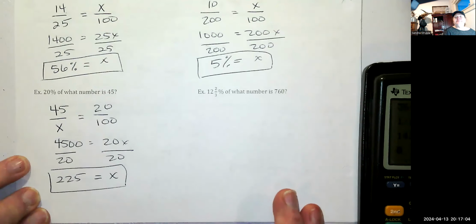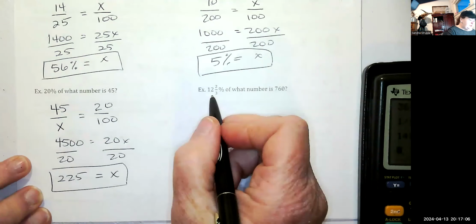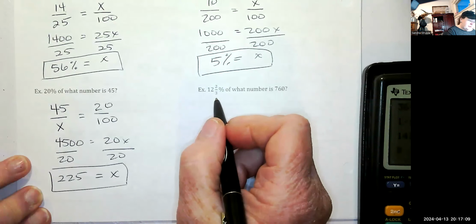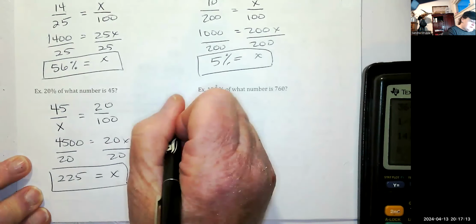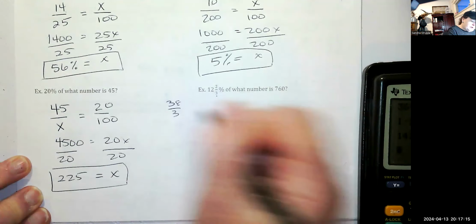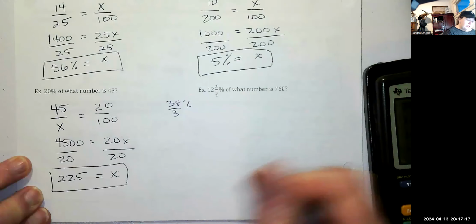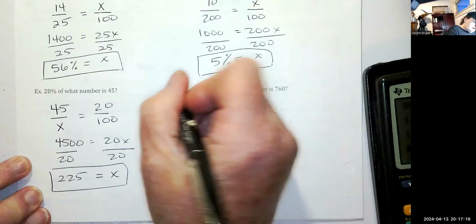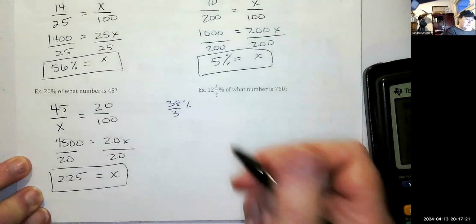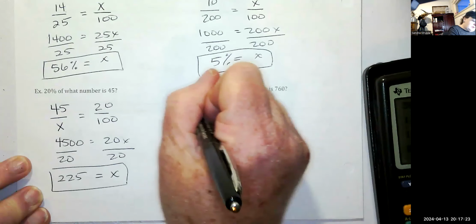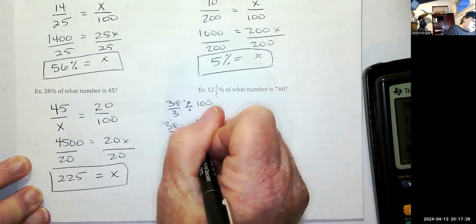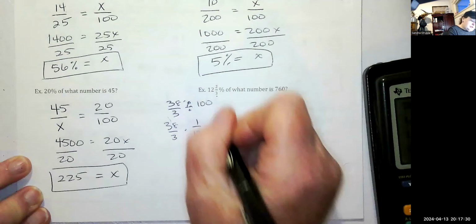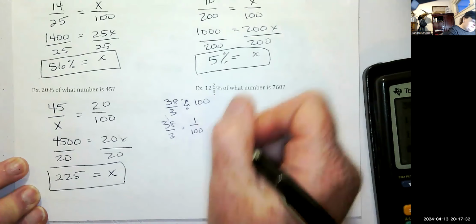Okay. The next one, we need to change this to a fraction. 12 times 3 is 36, 37, 38 over 3, and this is a percent, so I need to change it to a decimal, or get rid of the percent is what I need to do. So I need to divide this by 100. So 38 over 3 times 1 over 100 is 38 over 300.